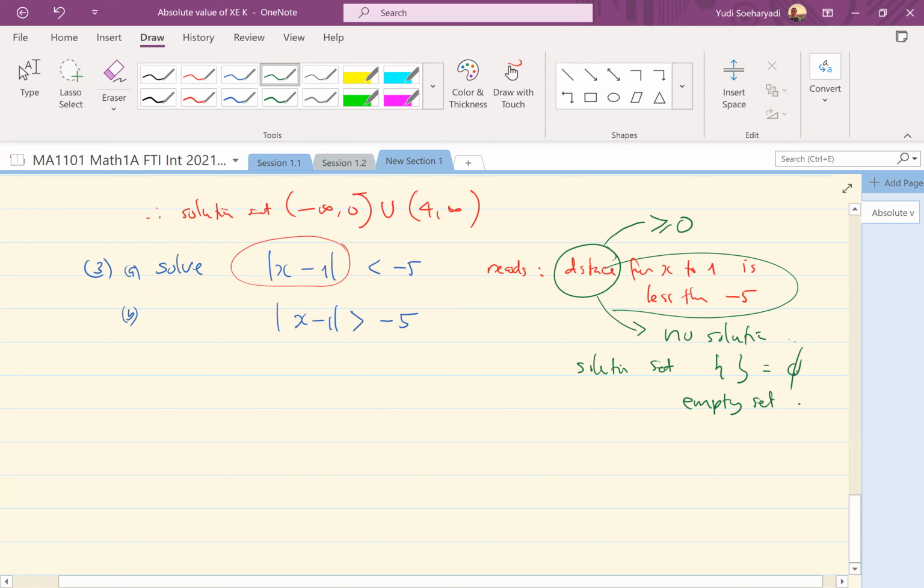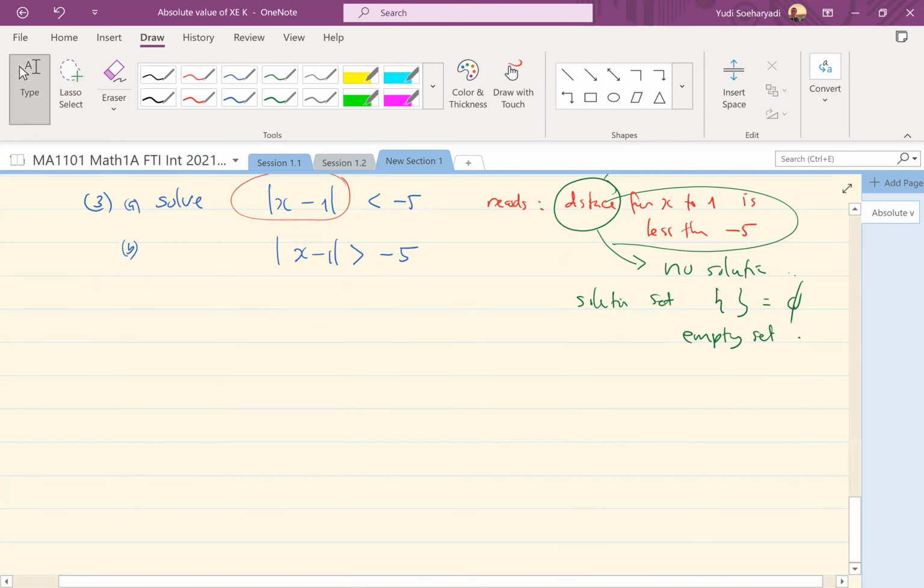That's one of the beauties of reading this as a distance function, because you have a picture in your mind of what the distance must be. All right, what about the second one?